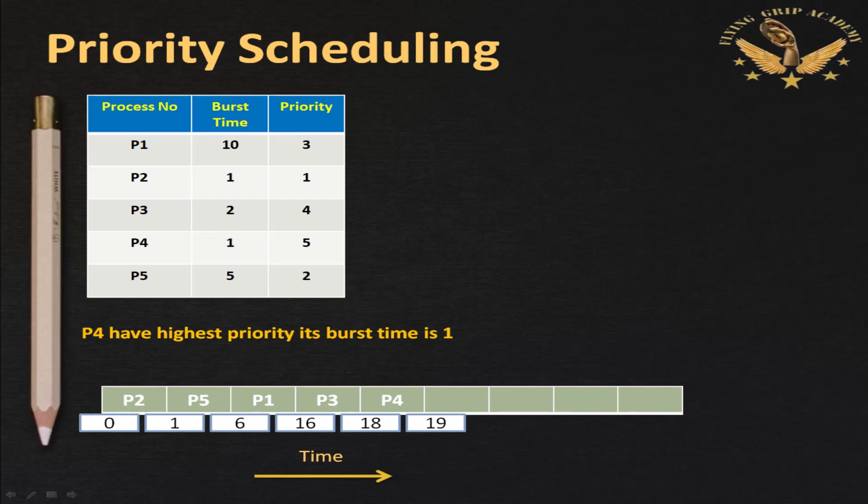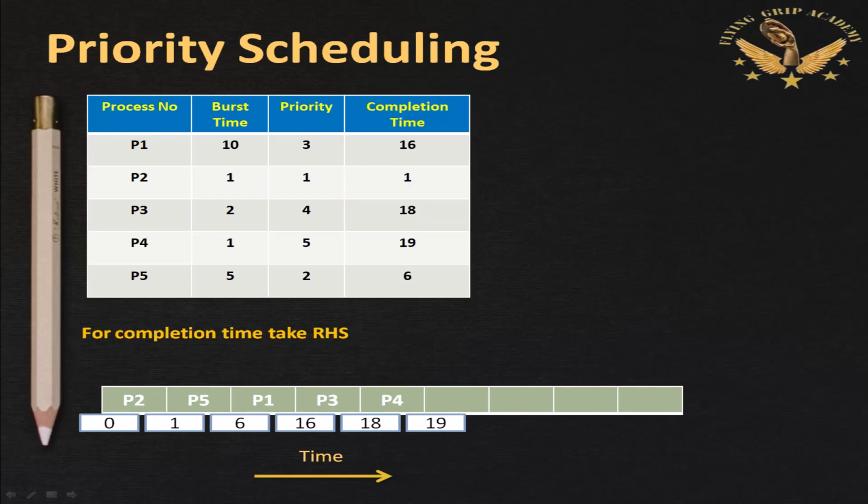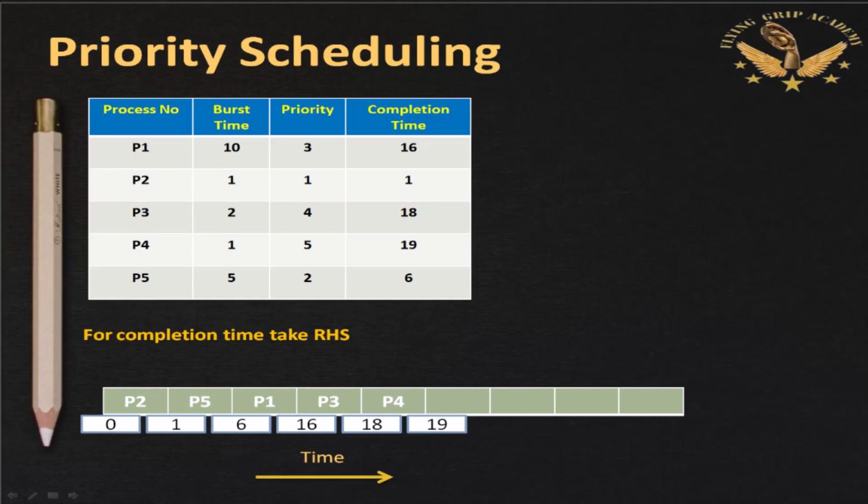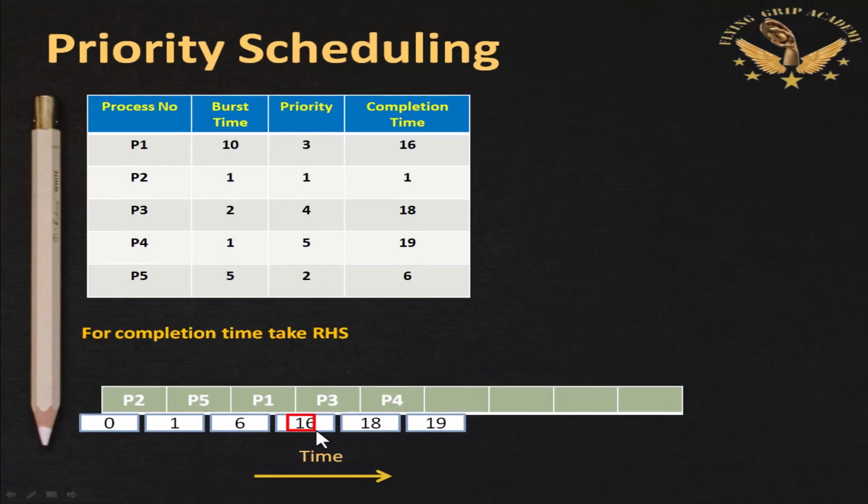Next, completion time. In order to check the completion time, we check the right hand side of each and every process. P1 has completed at 16. Next P2 has completed at 1.